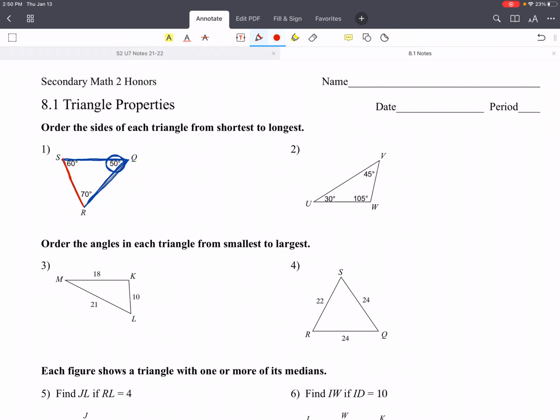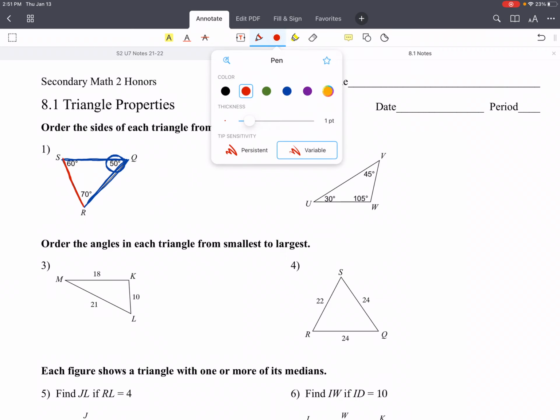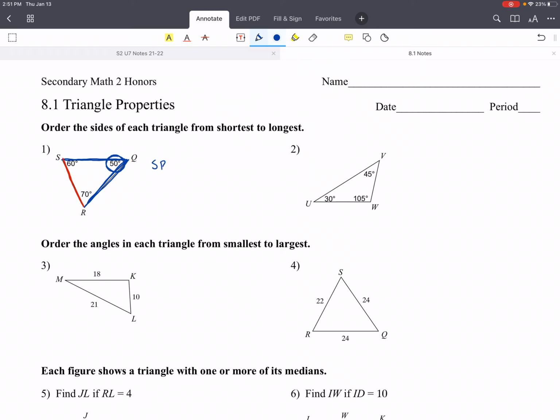So the shortest side is side SR. Oh, sorry, I'm not going to do it in red because, my class, we know what red means. All right, so side length SR is the shortest.